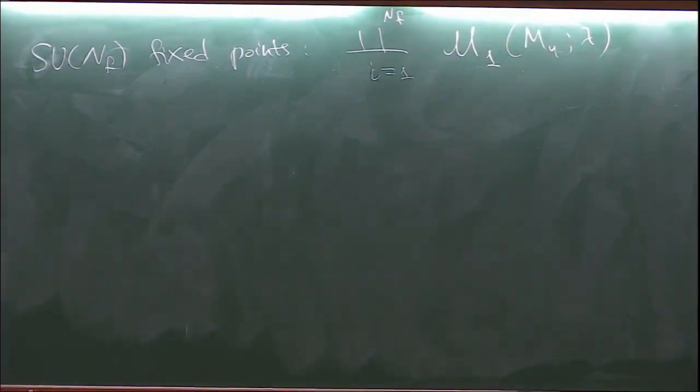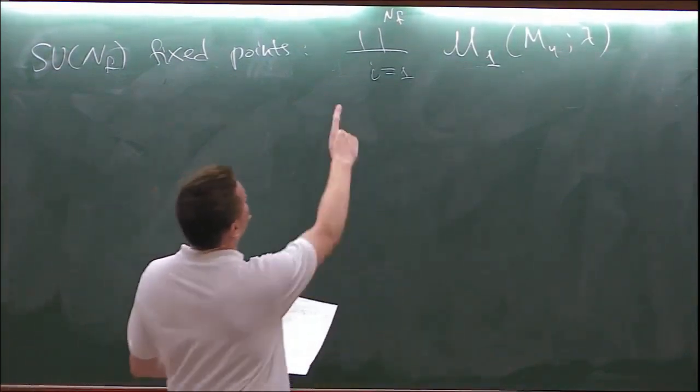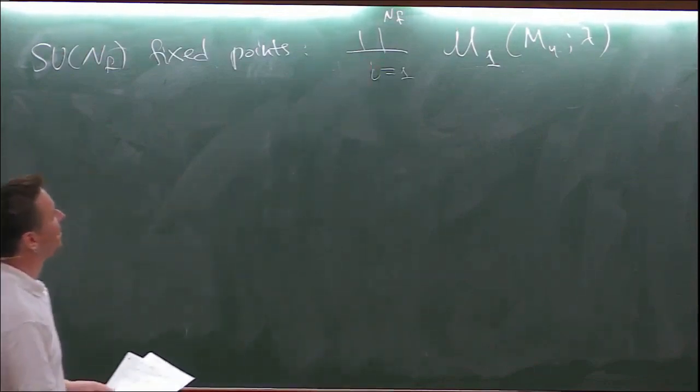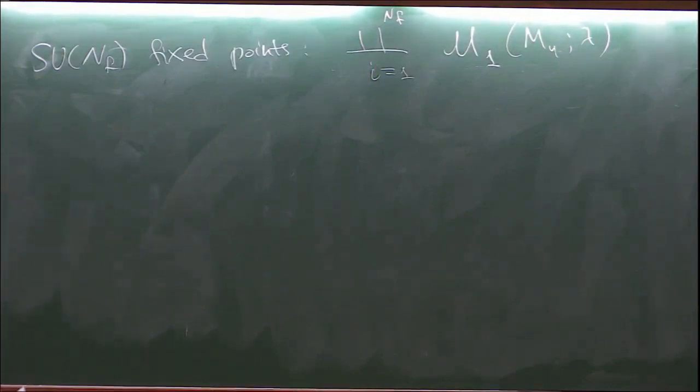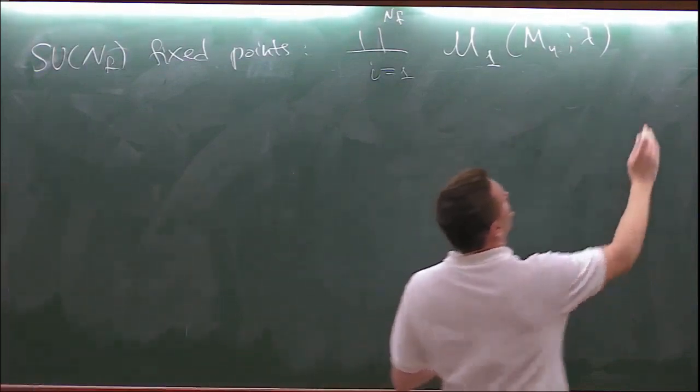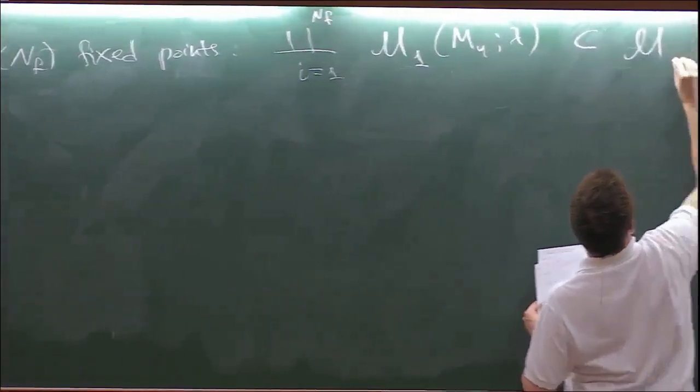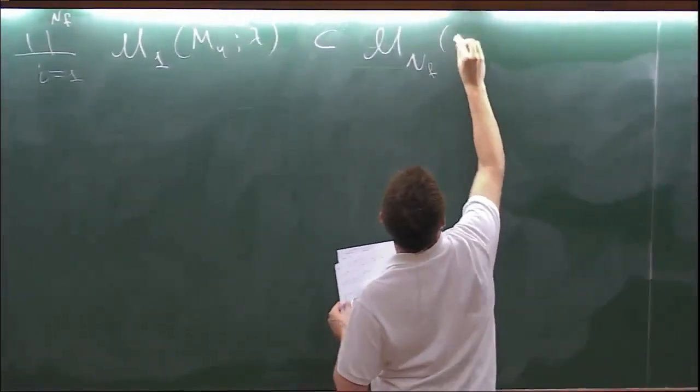There are quite a few of them. Namely, if you have n_f, say 50, then there will be 50 copies of pretty much the same thing, but they sit inside, so they're contained in, this big moduli space of the multi-monopole problem.